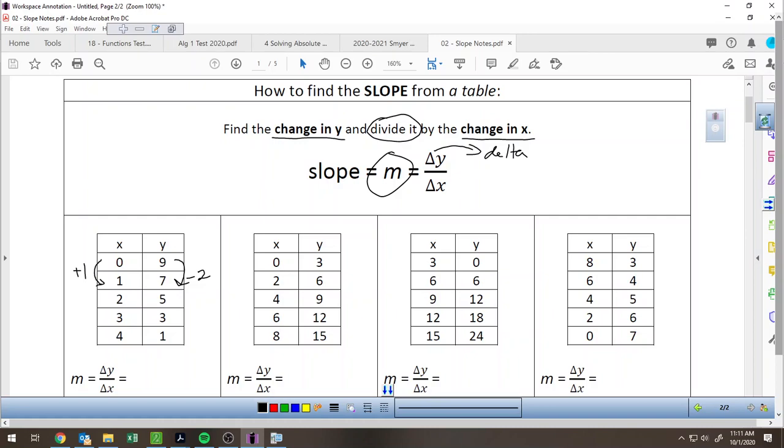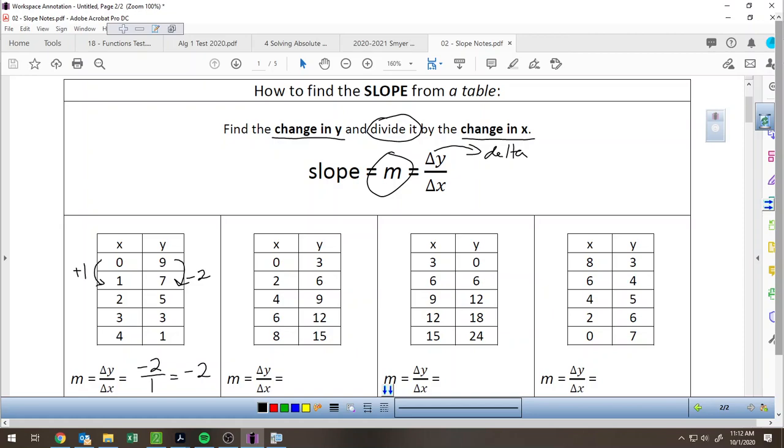So to find my slope here, all I need to do is put that change in y, which is negative 2, over my change in x, which is a positive 1. You can probably leave it as that, or I can simplify it so the slope is just what? Negative 2. Y is always on top in slope.